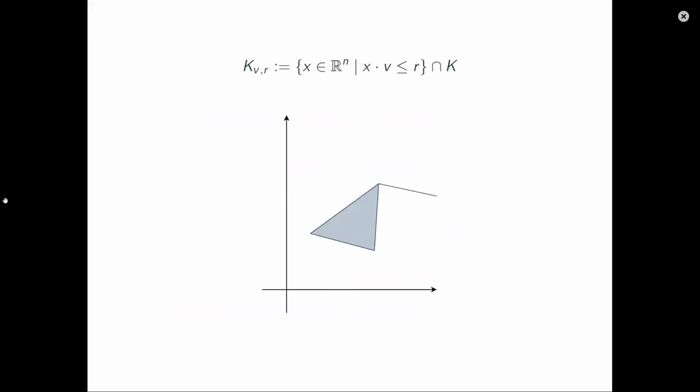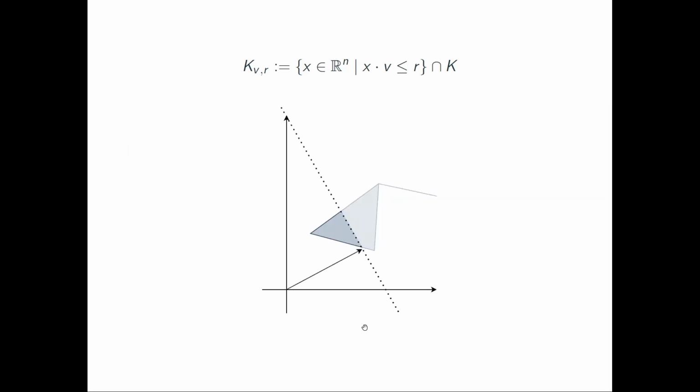To illustrate what the set K_{v,r} is, let's take a very simple example. Let's say we have a very simple simplicial complex here, and v is a direction, I mean, v is an element in S^{m-1}. So we have a direction v and we have a real number r here. Given v and r, we can define a half space like here in this region.